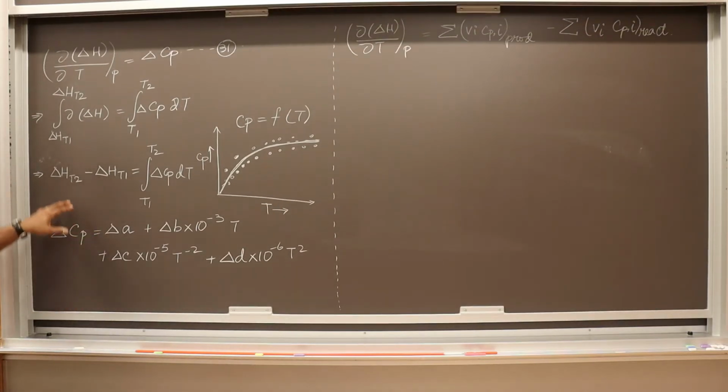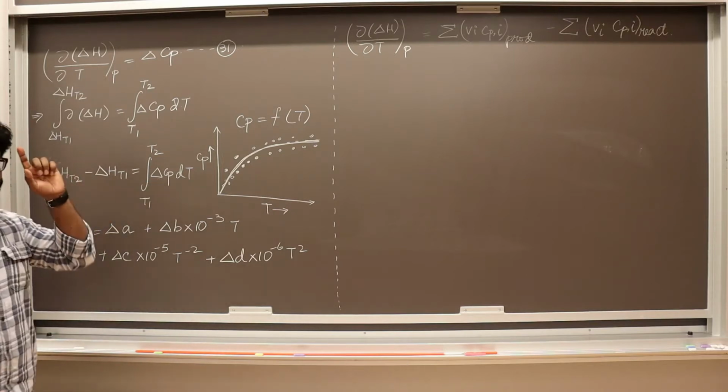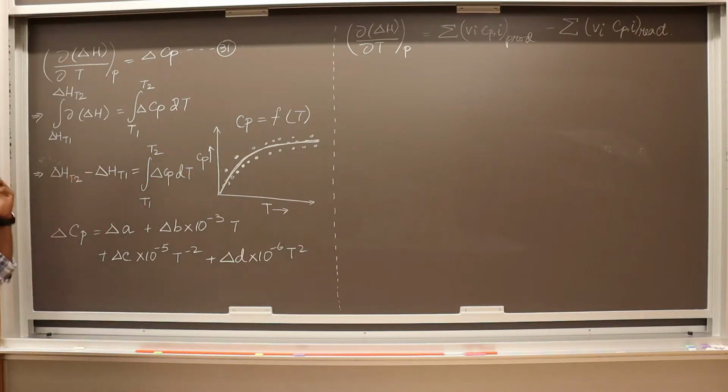I'm just telling you, if you want to use this Kirchhoff equation, how are you going to use it? Now, if you want to say this is 298 Kelvin and this is say 273 Kelvin, and you want to find out the delta H of that reaction, what you will need is this delta Cp. The experimenter has to provide you with this delta Cp. Now, you see this delta Cp is a function of temperature.